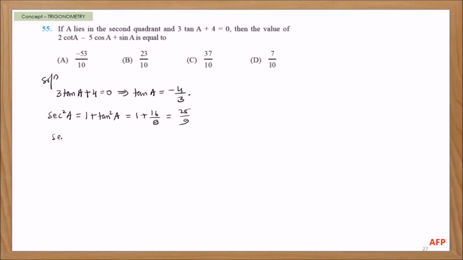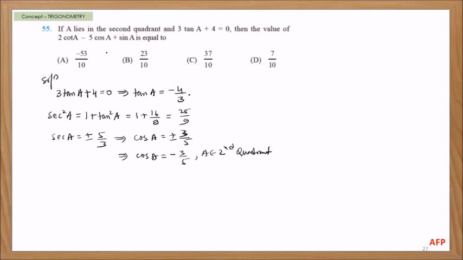So secant A is equal to plus or minus 5 by 3, which implies cos A is equal to plus or minus 3 by 5. Okay, so this implies cos A is equal to minus 3 by 5 because A belongs to second quadrant.